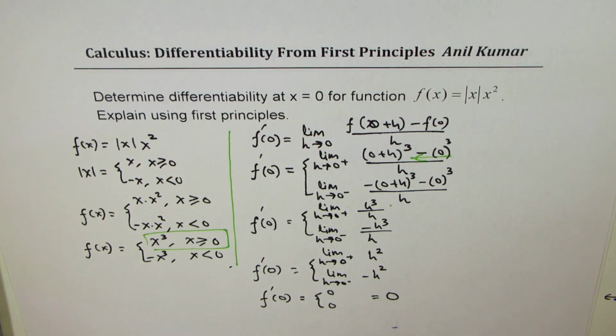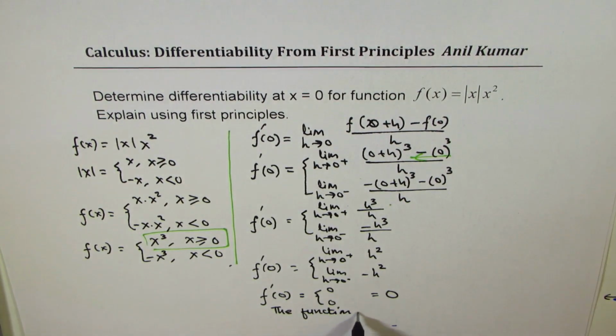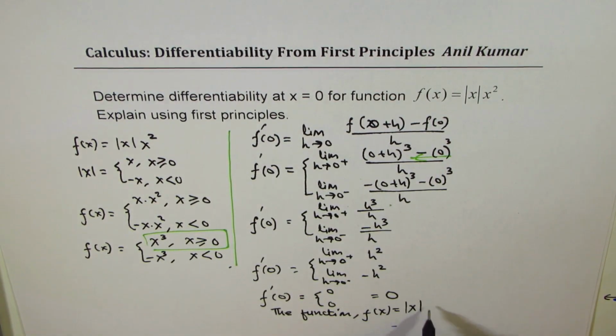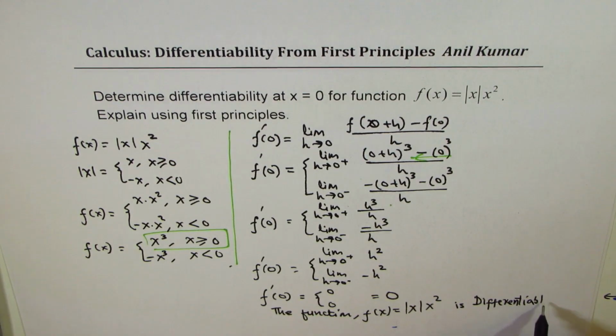So now we can say the function absolute value of x times x squared is differentiable. Right? So I hope the concepts are clear and you've seen how we can use the first principle to show whether the function is differentiable or not.